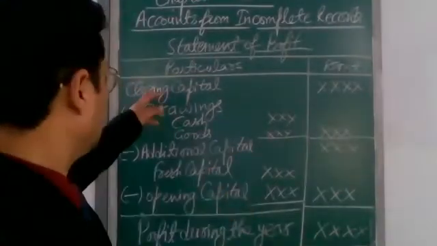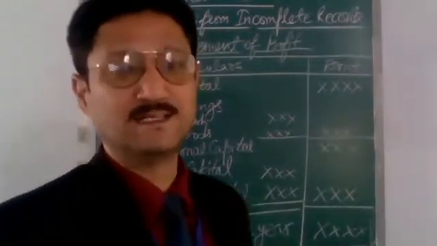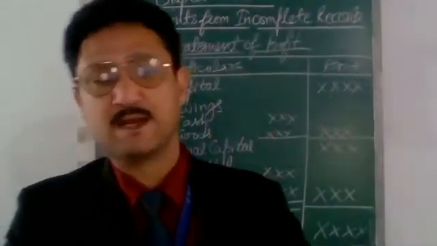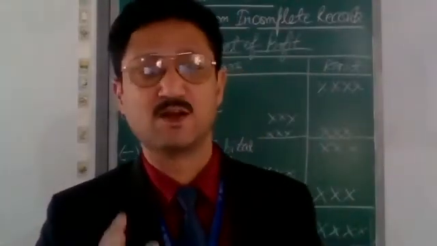If closing capital or opening capital is not given in the question, then you will have to prepare a statement of affairs. Statement of affairs means the balance sheet. I will tell you how.